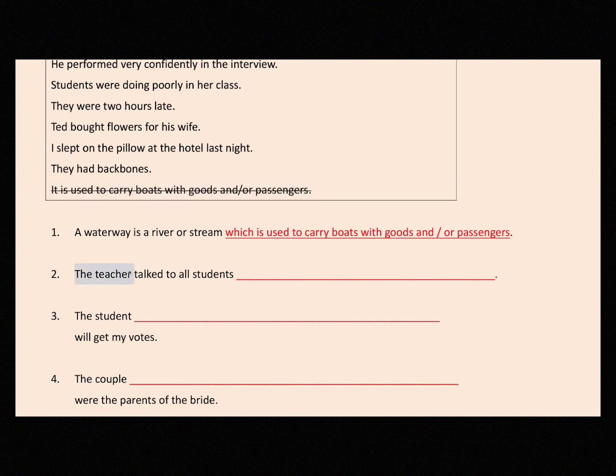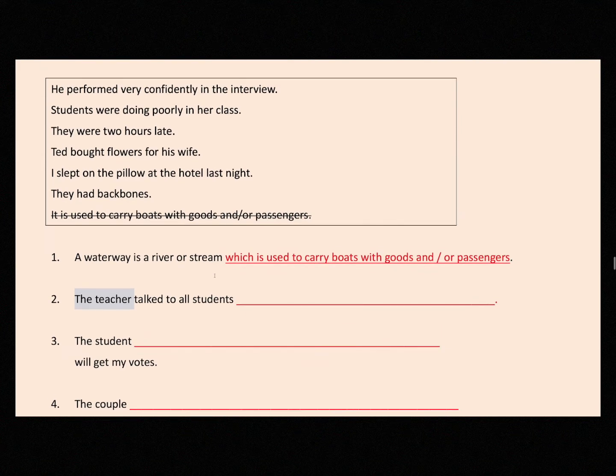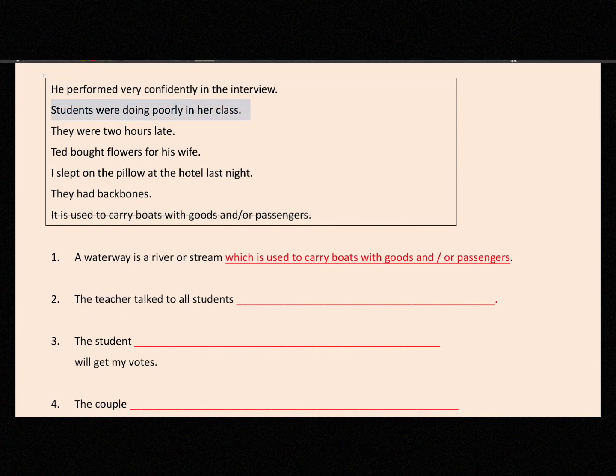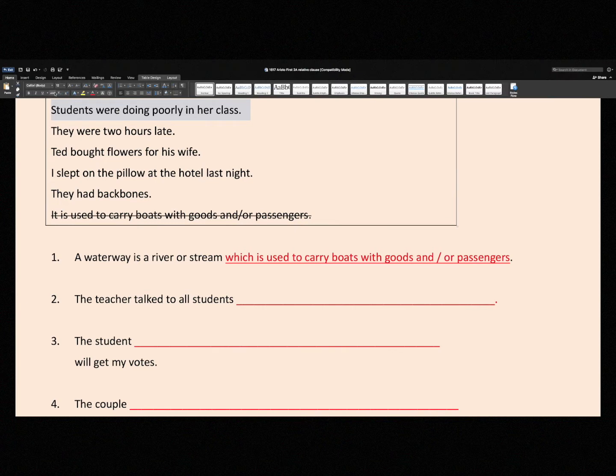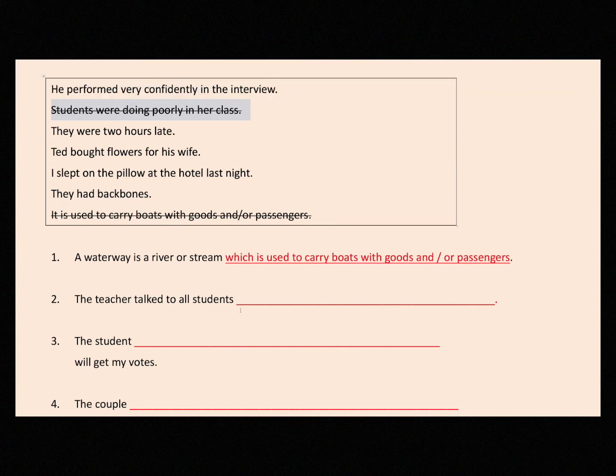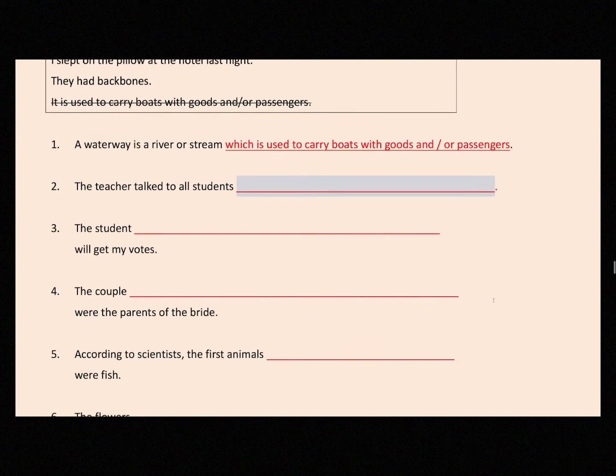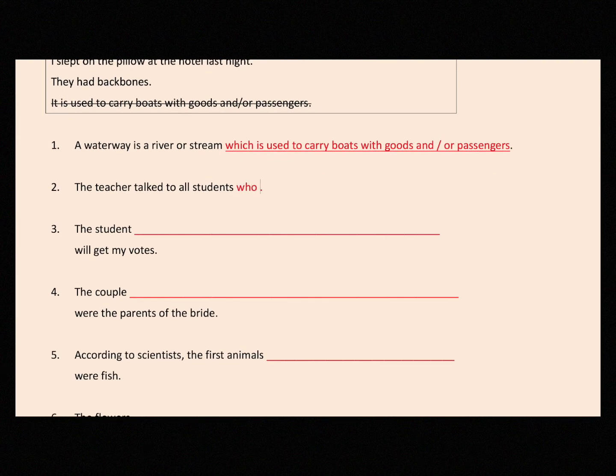Okay, let's look at number 2. The teacher talked to all students. Let's see what students the teacher talked to. Probably it's this one: students were doing poorly in her class. Okay, so if this is the answer, let's cross it out and put it here. The teacher talked to all students, and you can say here students are people, they're persons, and that's why we use who.